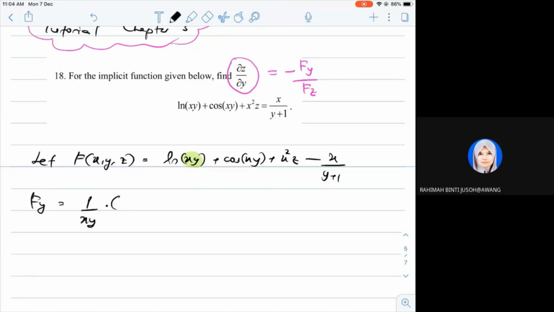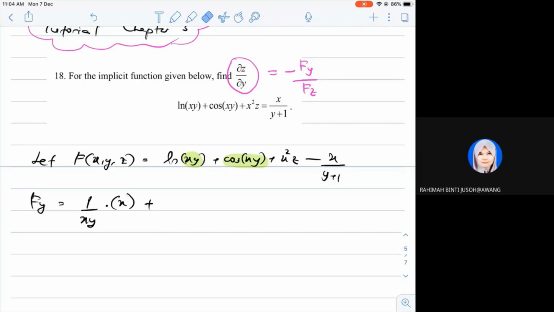Differentiate xy with respect to y. X, okay, good. Multiply by x. Okay, settled. Plus differentiate cos xy with respect to y. We will get negative sin xy. What's the constant now? Where should we bring this constant? Negative x sin xy. Okay, yes, good.